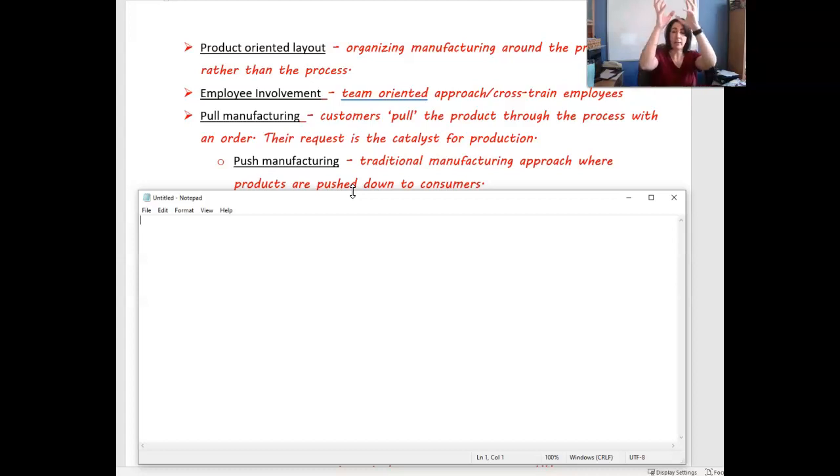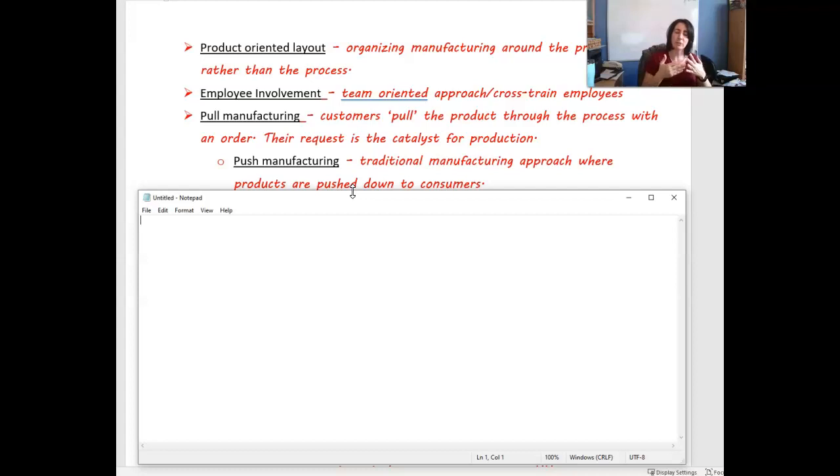They are pulling the product down through the supply chain, basically, through the manufacturing process. The customer saying, I want 12 whatever, the process starts until it gets down to the customer. Like I said, the request is the catalyst for production. Nothing is happening until that customer requests the product.